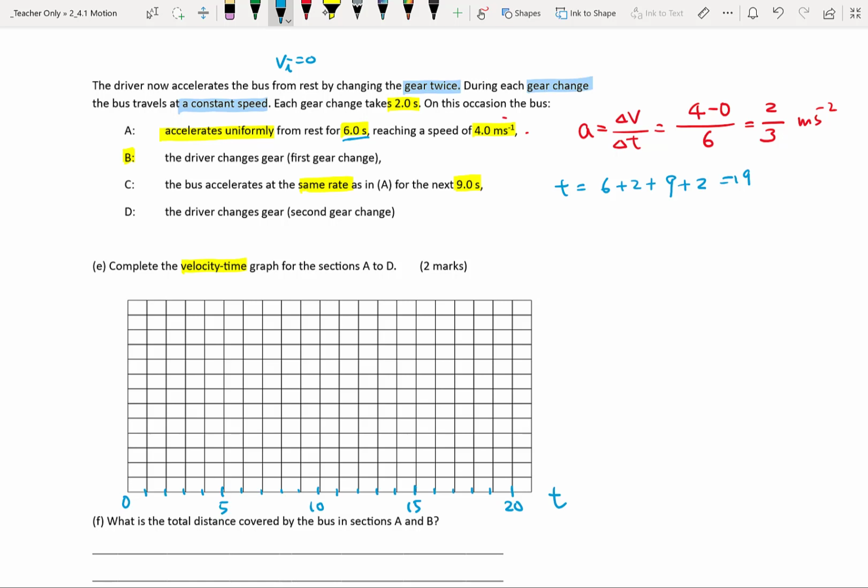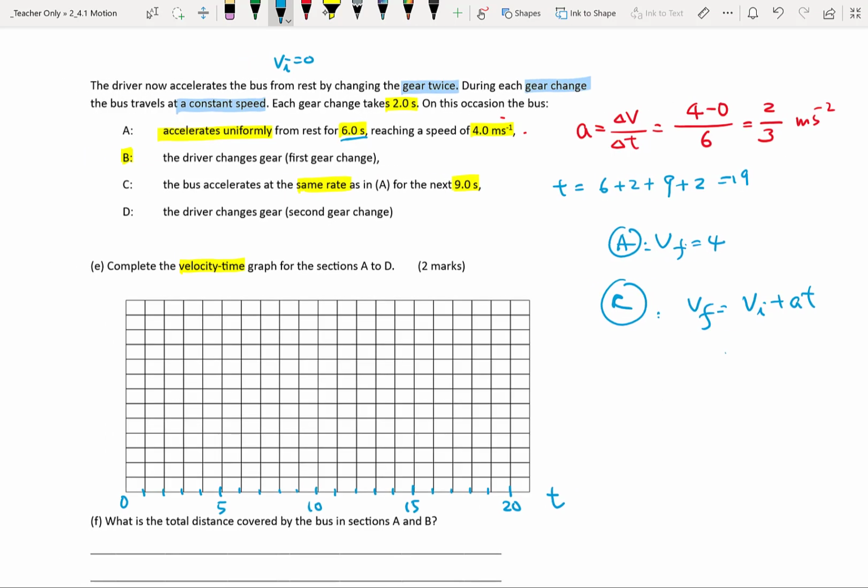Then how fast will the speed be? For the first stage, they travel to 4. So for stage A, the final speed is 4. And from there, the same acceleration. So we need to find C. What is the final speed? VF equals VI plus AT.